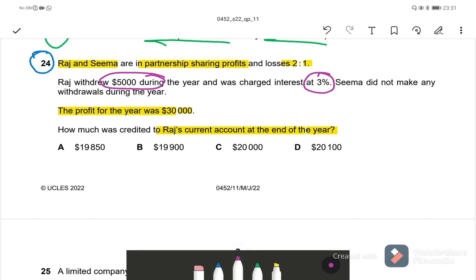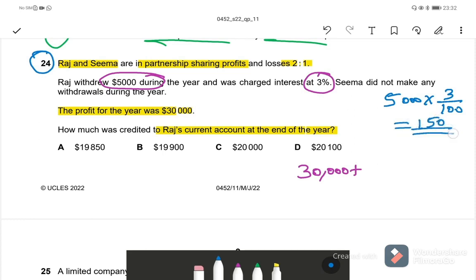Divisible profit is 30,000 plus interest on drawing. So how much is the interest on drawing? Interest on drawing is 5,000 multiply 3 by 100. That is 150. So 30,000 plus 150 is the total profit, 30,150.